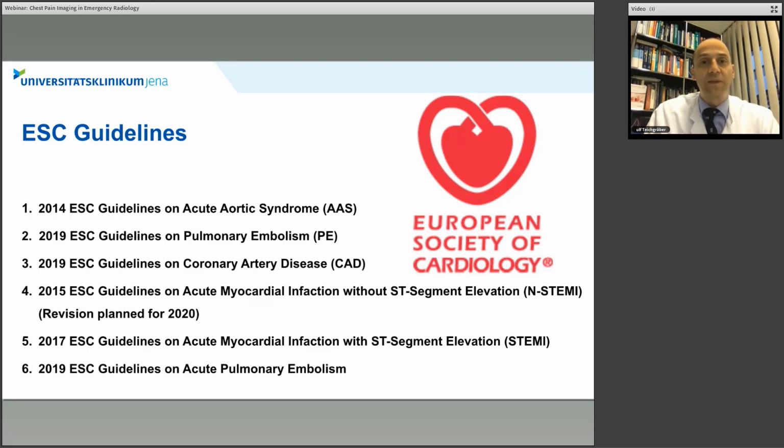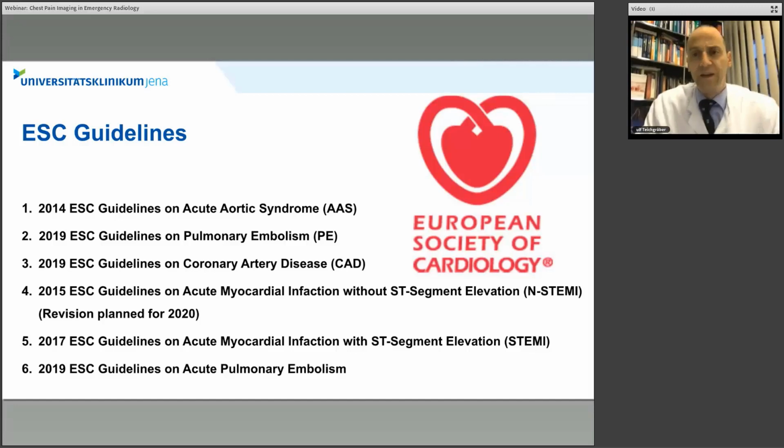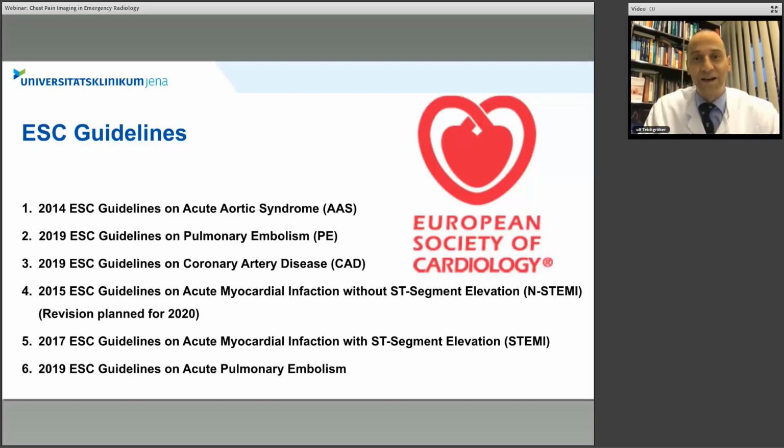So, what we did together with our emergency physicians is that we went through all these guidelines. This was work which took us nearly 2 years, and more or less we had to redo this over the summer of this year, because new editions of most of the guidelines came out, especially for pulmonary embolism.